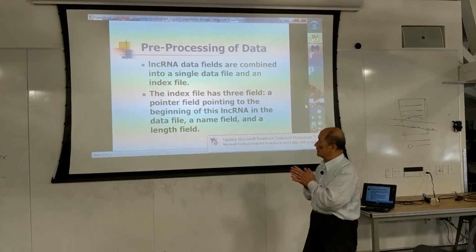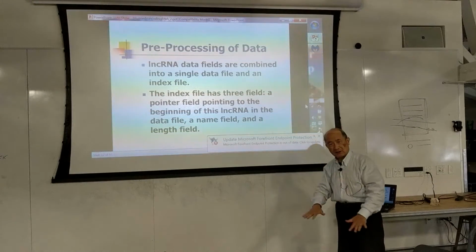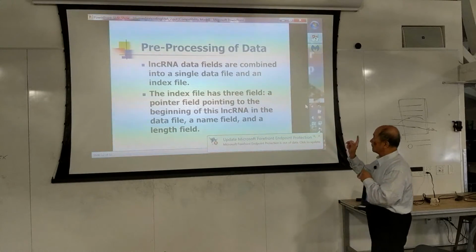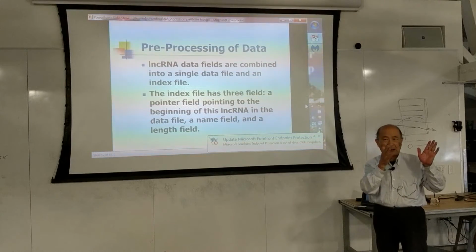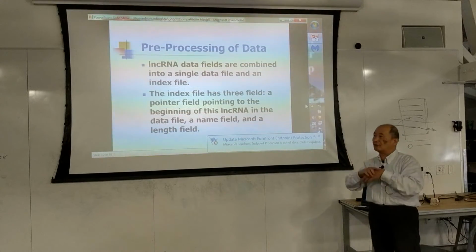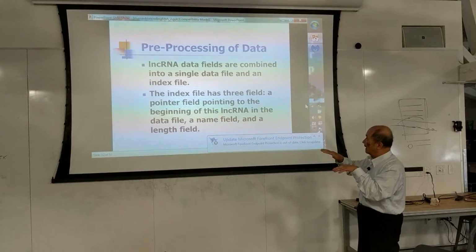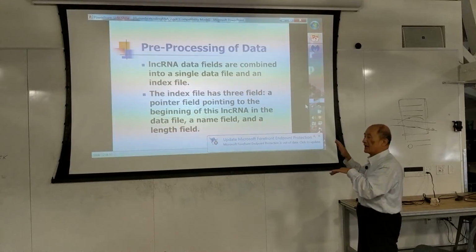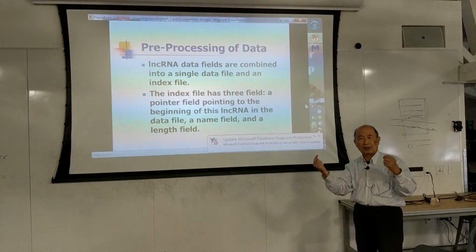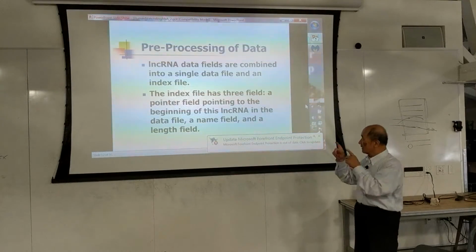The data file contains all the data in a flat file, and the index file has 3 fields: a pointer to the location where the RNA data is stored in the data file, the length, so I know how long this RNA is, and the name, for later sorting and identification.